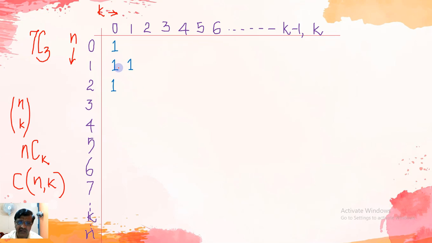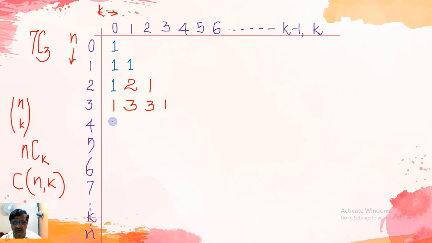So this is 1 and this is 1. So 1 plus 1 is 2. And now it becomes 2C2. 2C2 is 1. Similarly, 3C0 is 1. Then 3C1 is 2 plus 1, that is 3. 3C2 is 1 plus 2, that is 3. So now we have come to 3C3, that is 1.